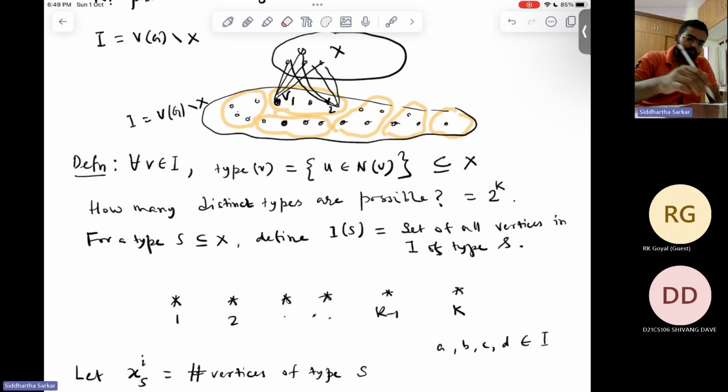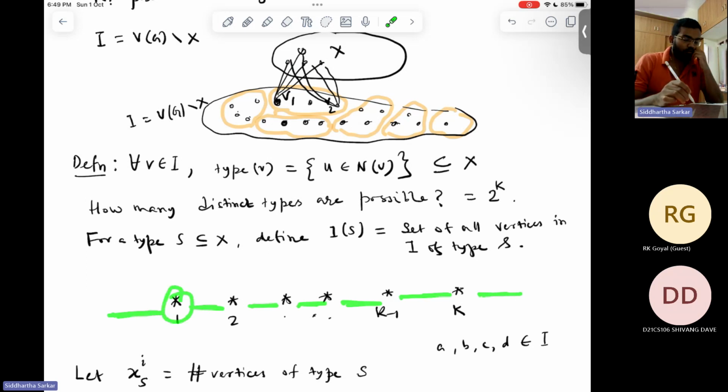The labeling could be anywhere. So there are, so to say, k plus 1 pockets. The labeling could be strictly smaller than the label of 1. That is one pocket. If A lies here, we'll say the labeling of A is in pocket 1. Pocket 2 is between the labeling of 1 and the labeling of 2.